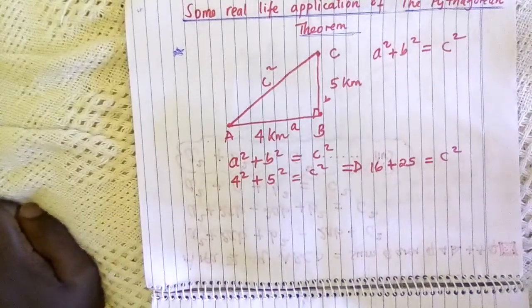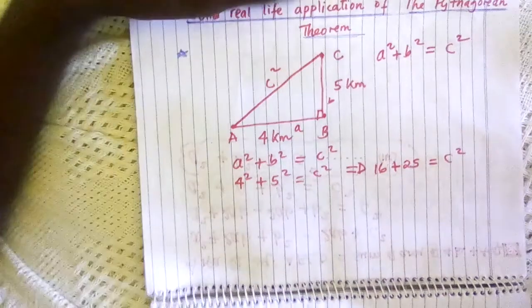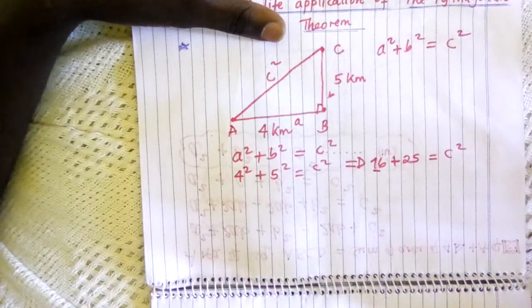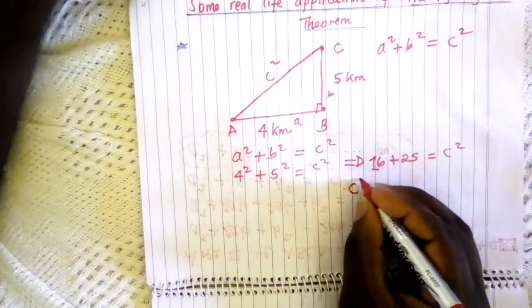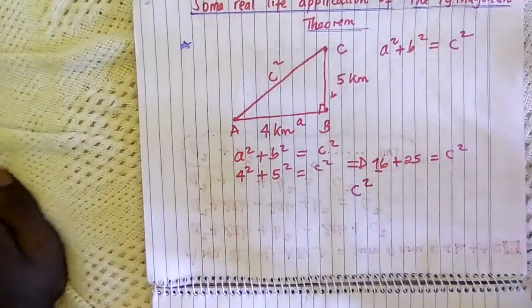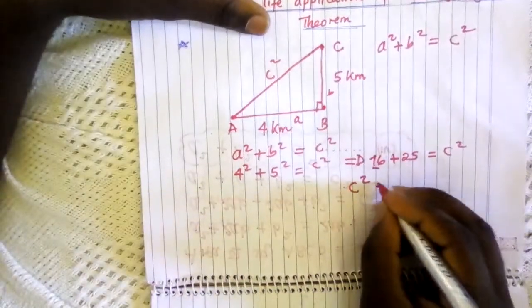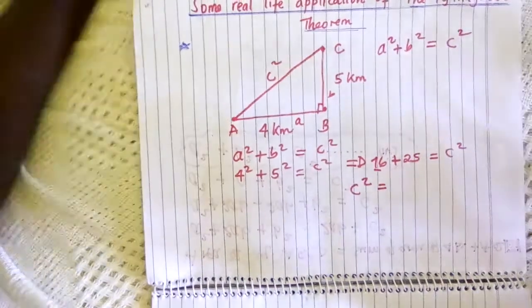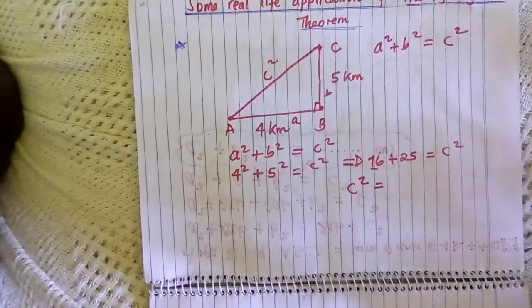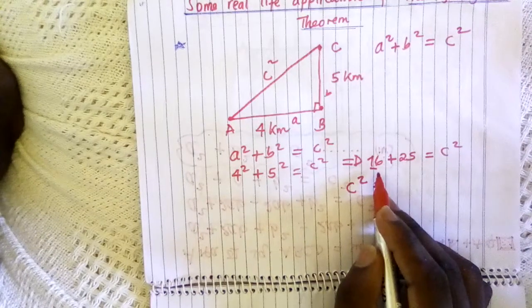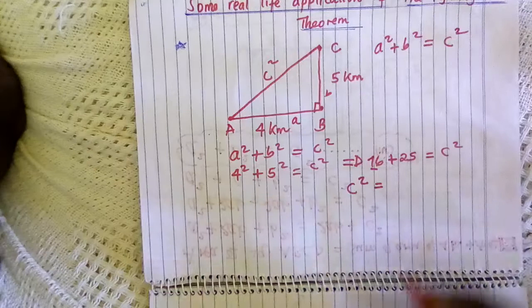Now we can go ahead and do the entire thing. So C squared equals 16 plus 25.